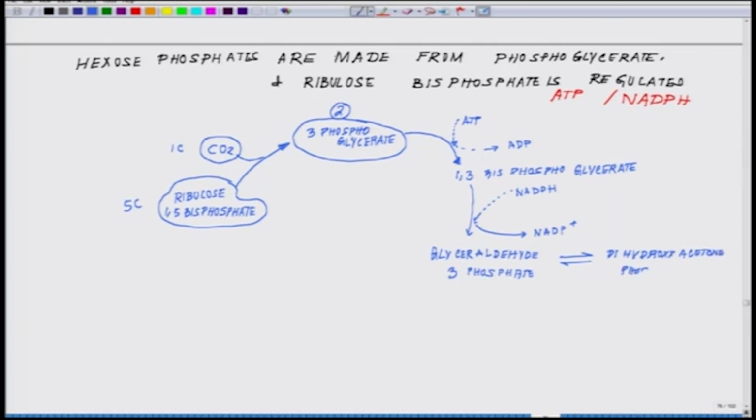The reason for this will come later. Then this glyceraldehyde 3-phosphate could form what is called fructose 6-phosphate, and this is the first molecule, fructose 6-phosphate.